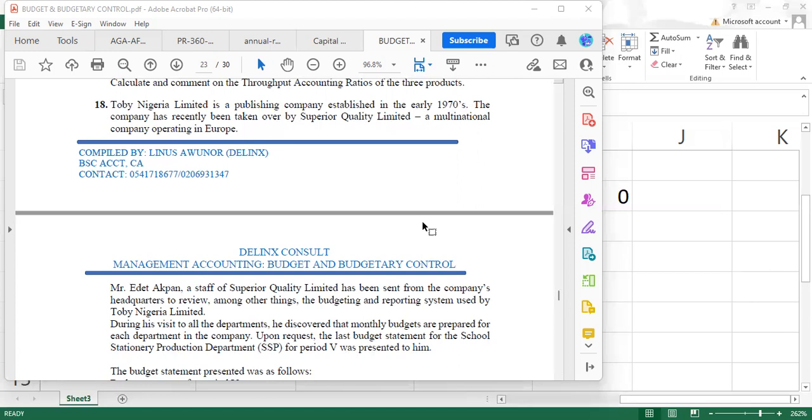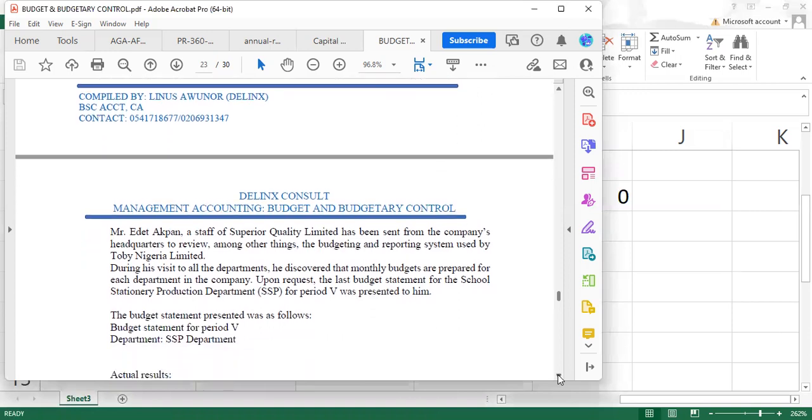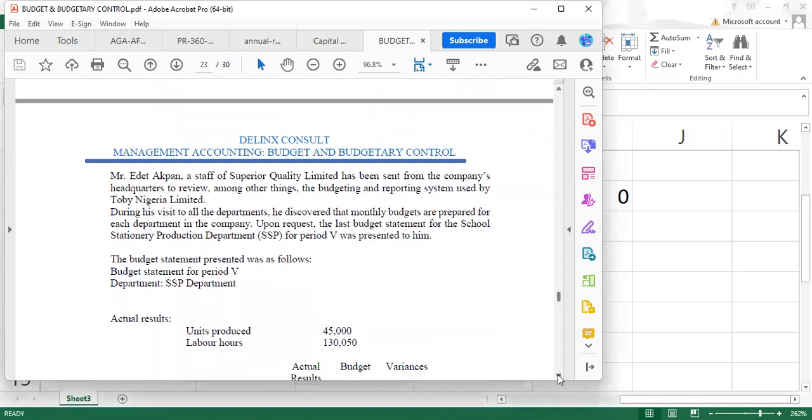During his visit to all the departments, he discovered that monthly budgets are prepared for each department in the company. Upon request, the last budget statement for the school stationery production department for period V was presented to him. The budget statement presented was as follows.